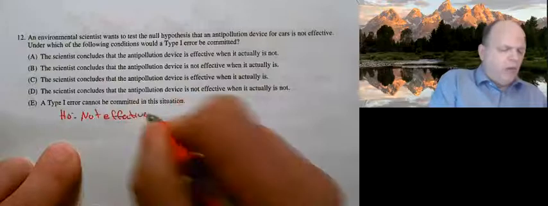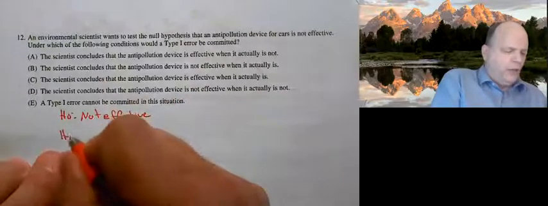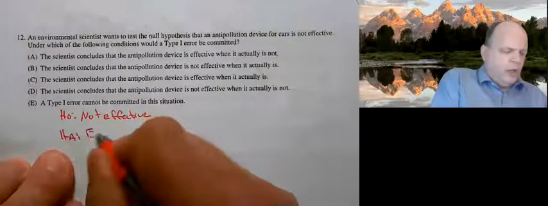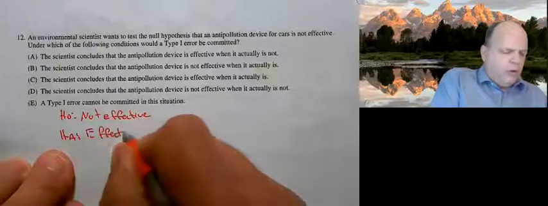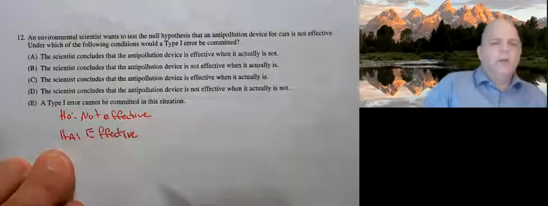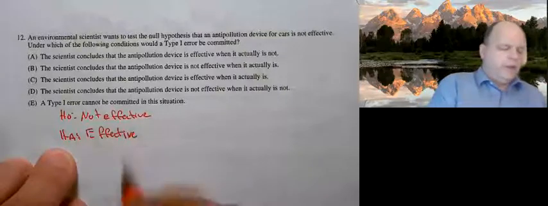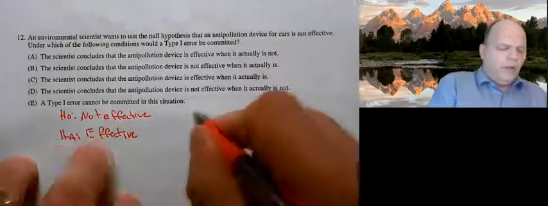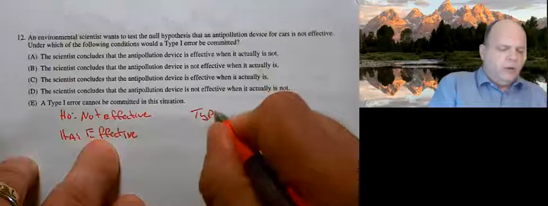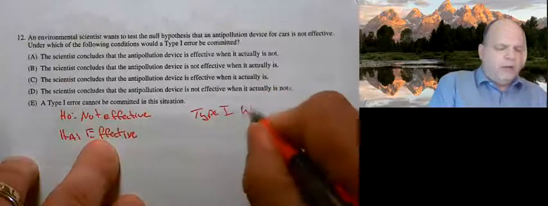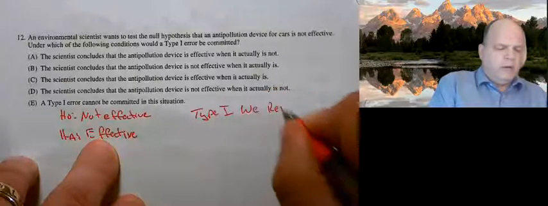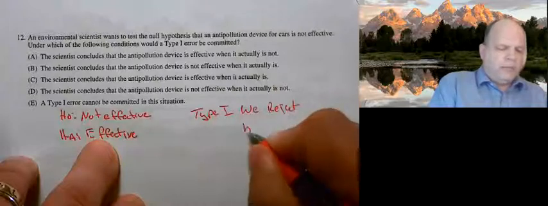Well, if that's my null, then my alternative is effective. All right, then it is effective. Now, type 1. We reject, but that's an error.